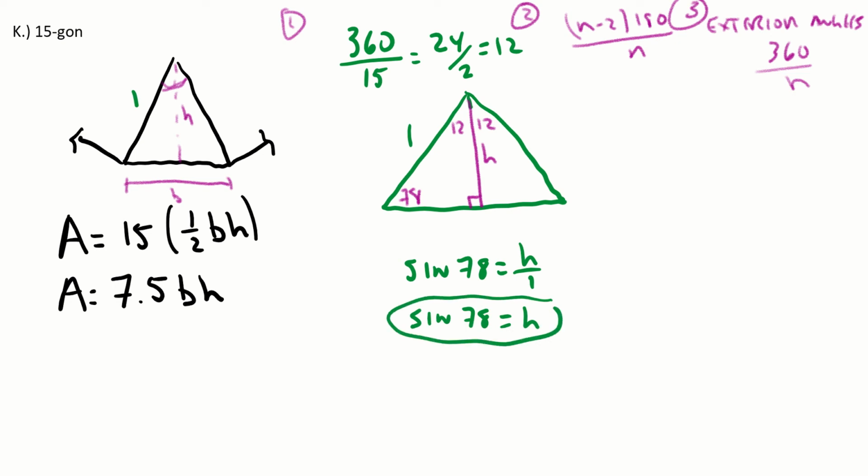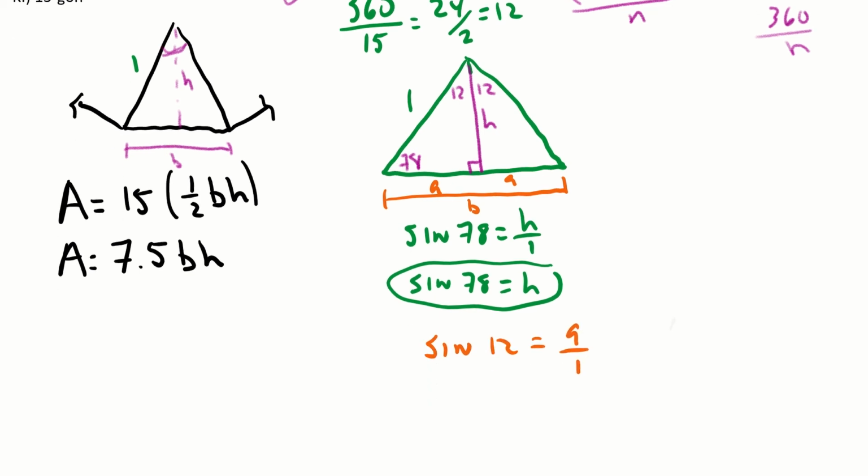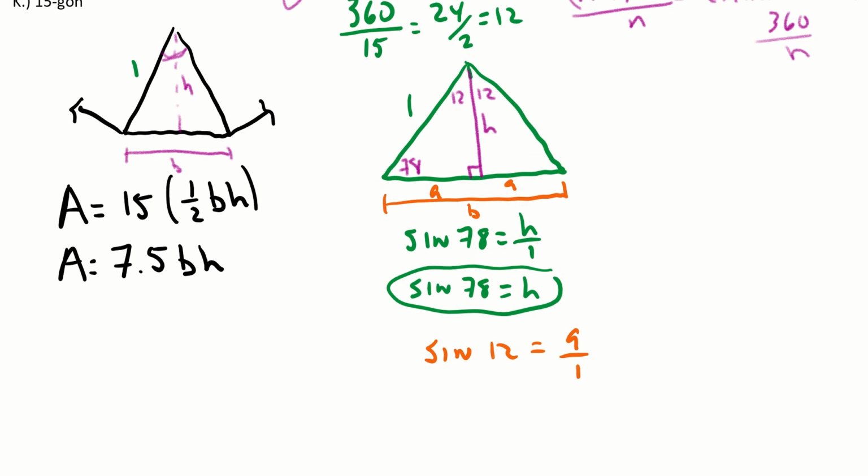Then we know that this is a and this is a, and the whole length here is going to be what? b. I could use the cosine of 78, but I'm going to use the sine of 12. The sine of 12 is going to be a over 1.